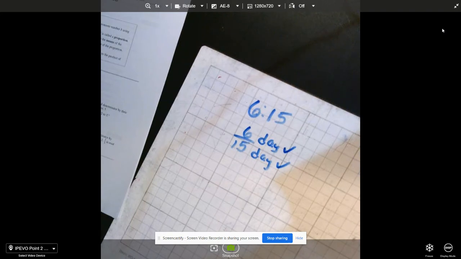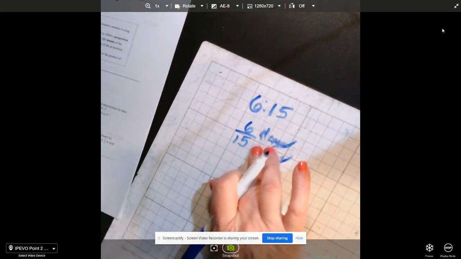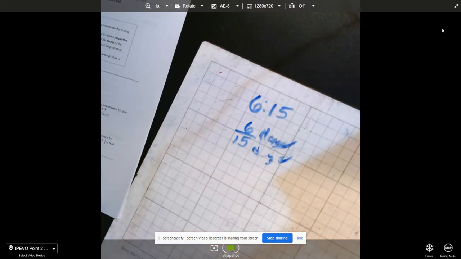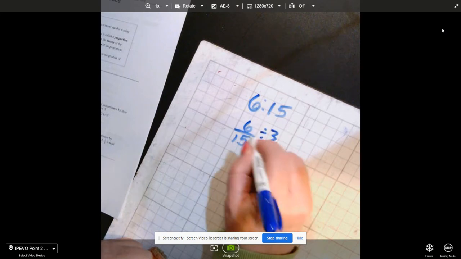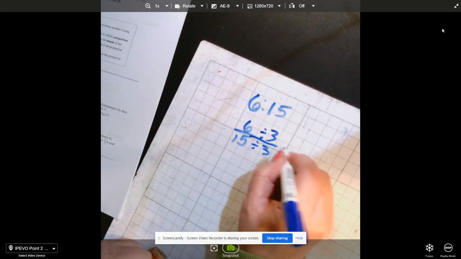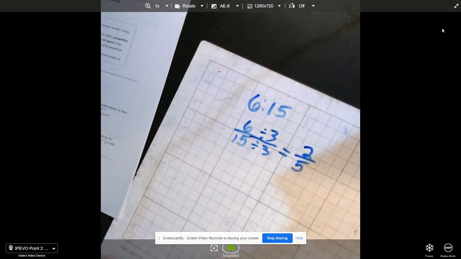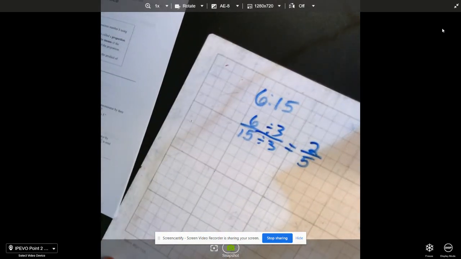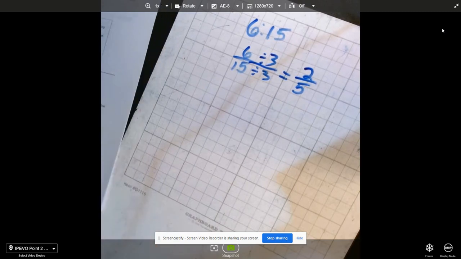So all you have to do is reduce the fraction. I can divide the top by 3, and I can divide the bottom by 3. So if I reduce my fraction, it would be 2 over 5. There are lots of calculators that will do that for you. Feel free to use your calculator if you know where the button is. If you're not sure about that, just send me an email with what kind of calculator you have, and I'll be happy to walk you through that.